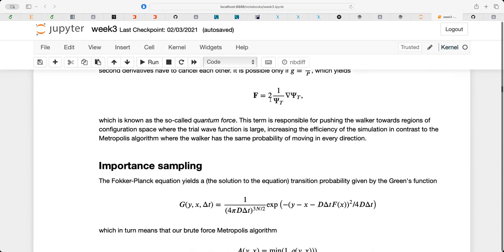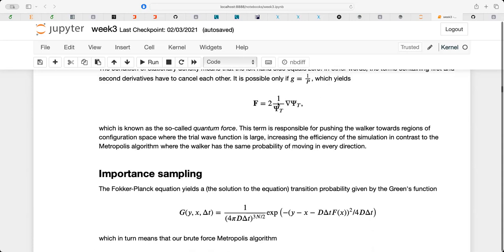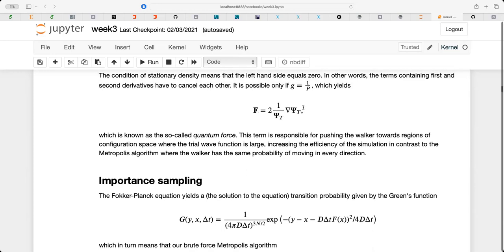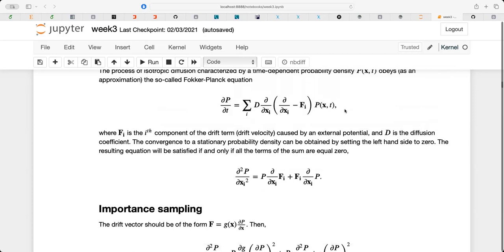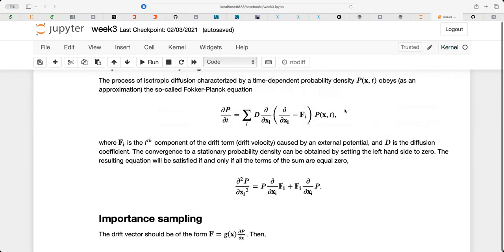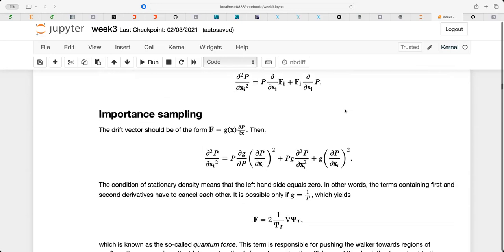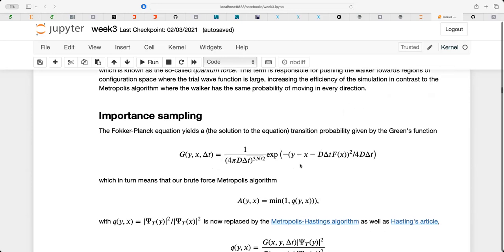Now, if we put this in again, and this is something we will discuss in more detail next week, when we put this back into the Fokker-Planck equation, we can actually solve it analytically and get this solution here. And I told you that I'm going to throw these equations at you because we need to program them and get started.